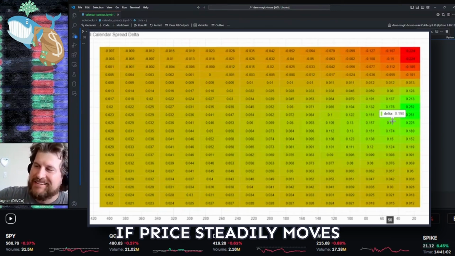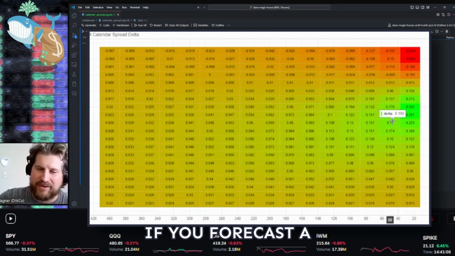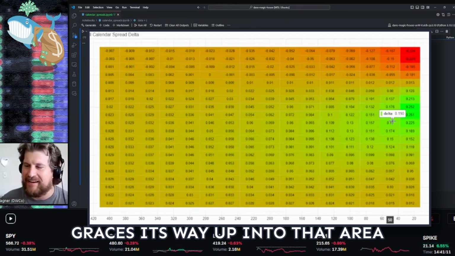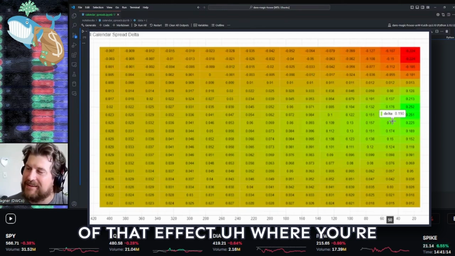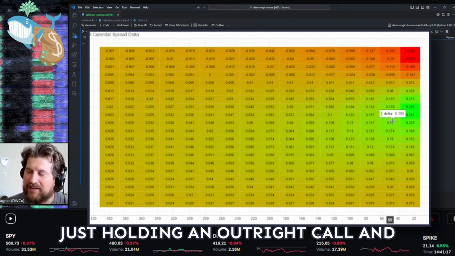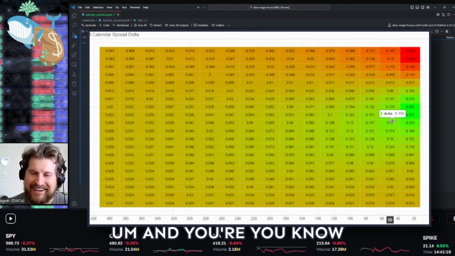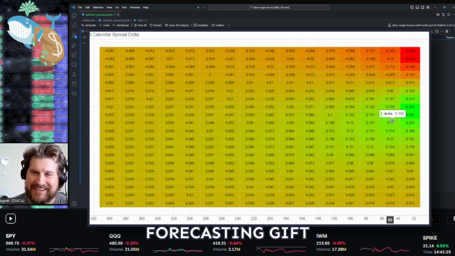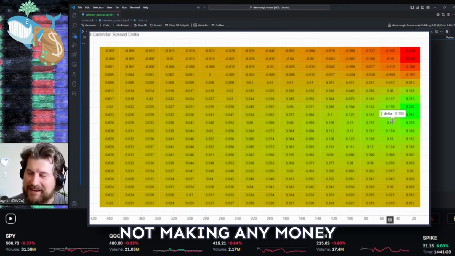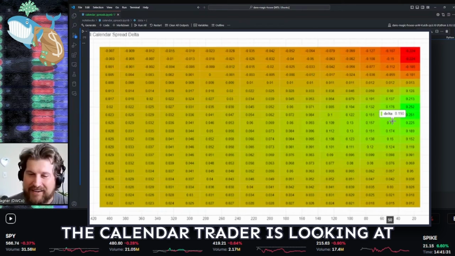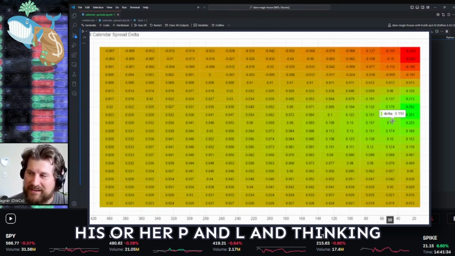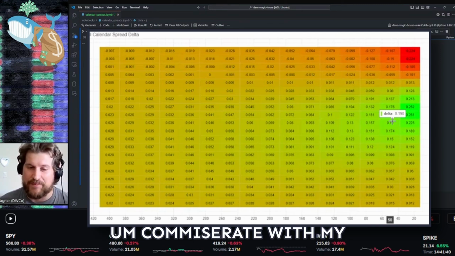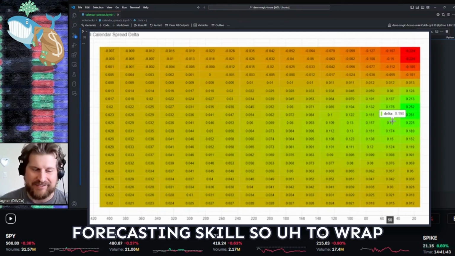If price steadily moves in your direction, if you forecast a price increase and it just perfectly graces its way up into that area, it's the opposite of that effect where you're holding an outright call, watching it not appreciate, and cursing the market gods for giving you this forecasting gift and a position that's not making any money, right? The calendar trader is looking at his or her P&L and thinking, nice, the value of this is going up, commensurate with my forecasting skill.